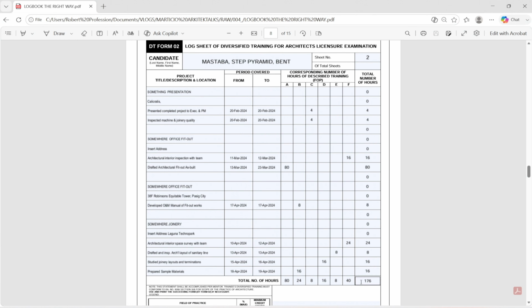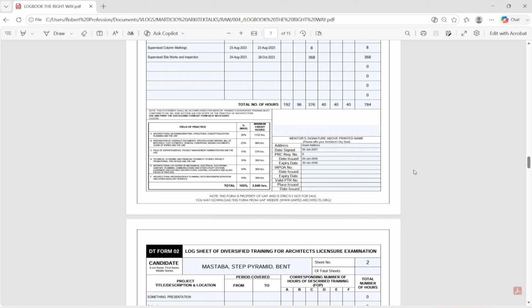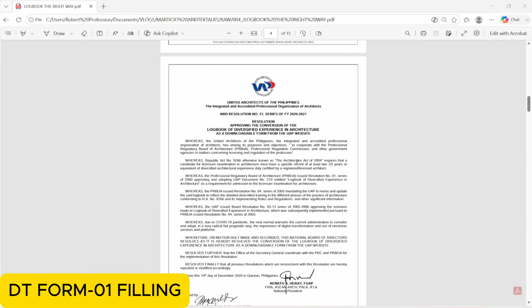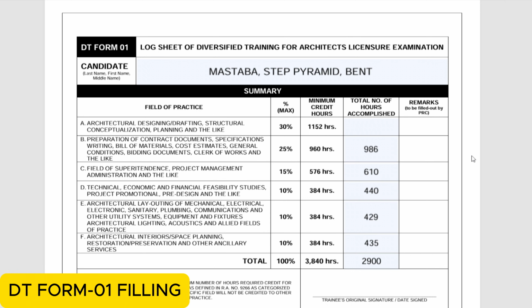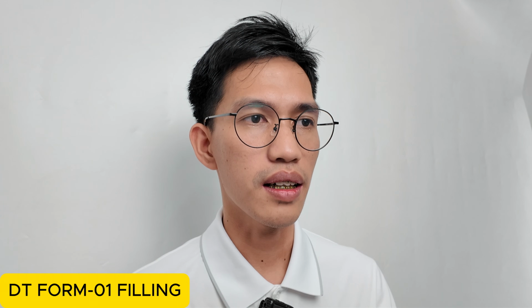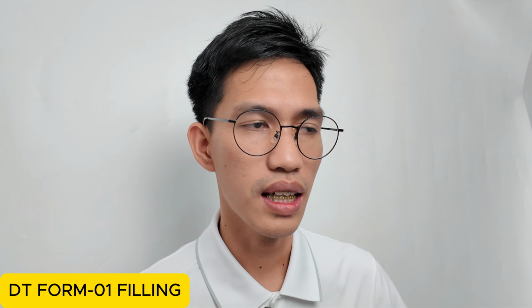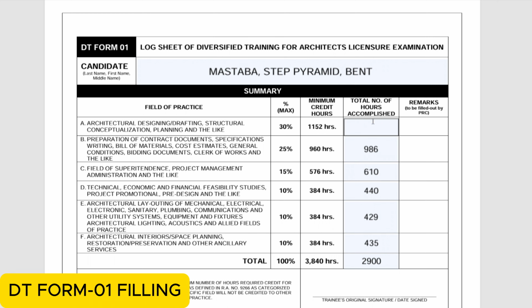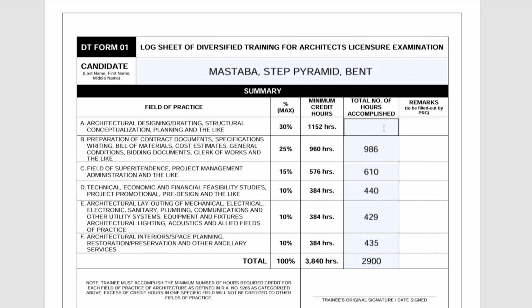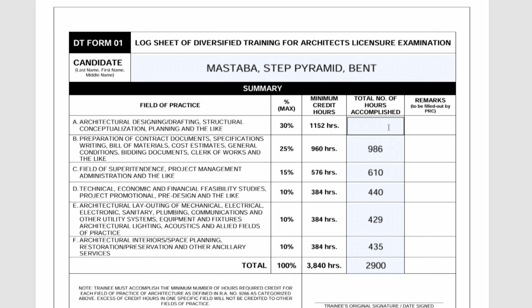Okay, if you're done in DT Form 02, you can fill out your next form. That is DT Form 01. In my activities here, I have MTLA. That is the architectural design. So, for example, I'm going to put the total number of hours that I accomplished, 1,210.